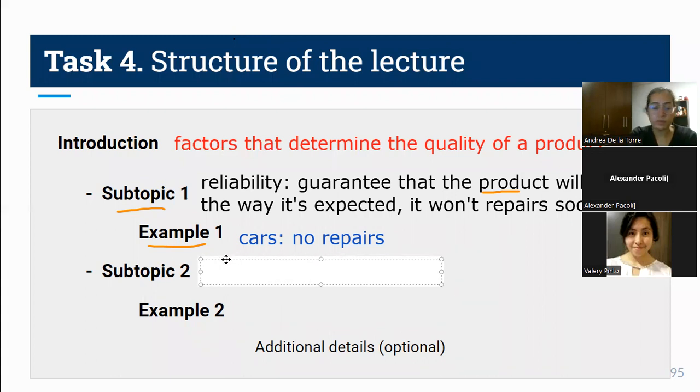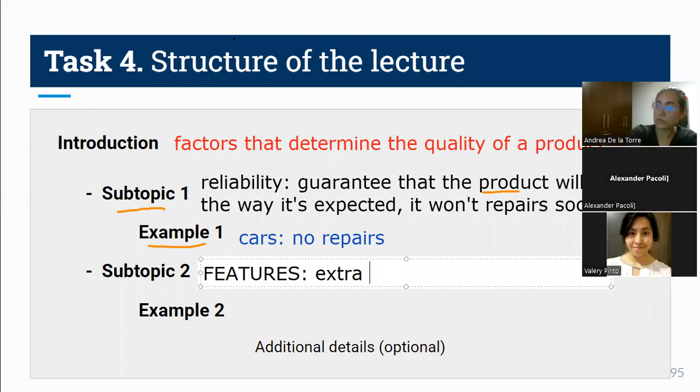That's the features. Exactly, features. And what are features? Features are an extra addition for the product.